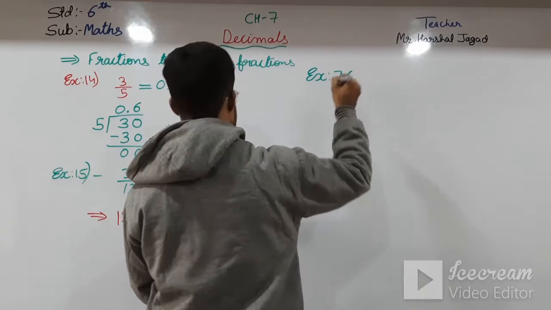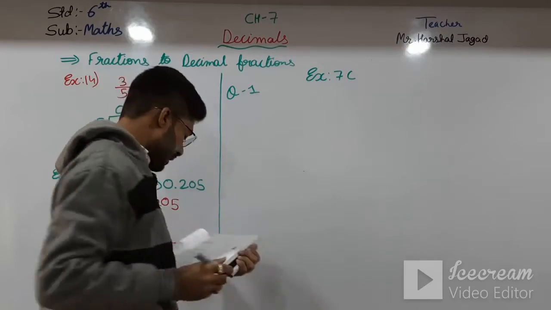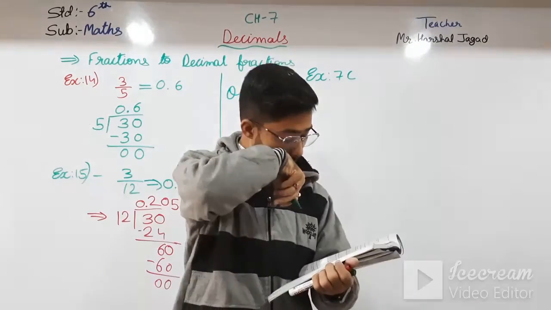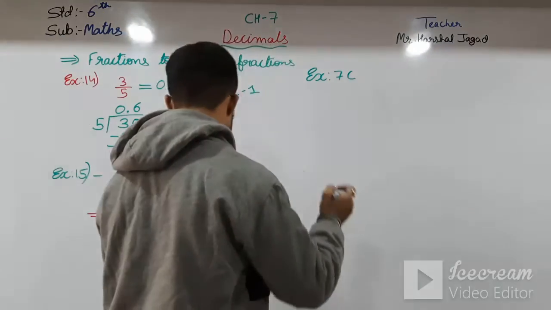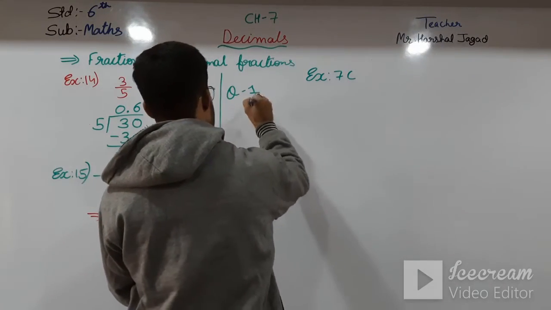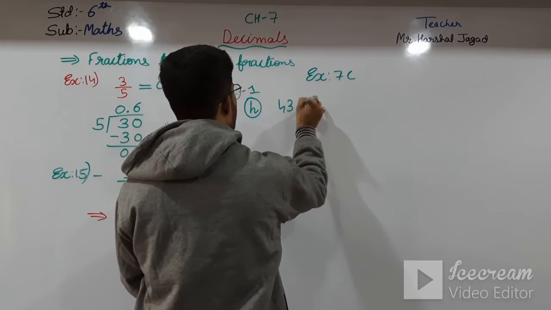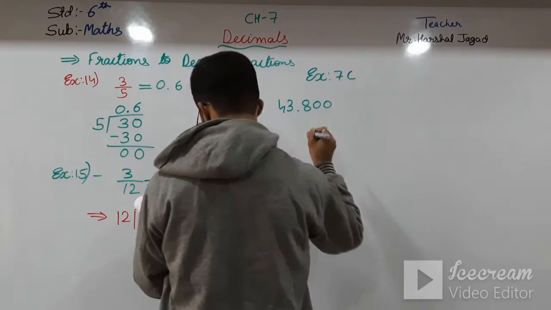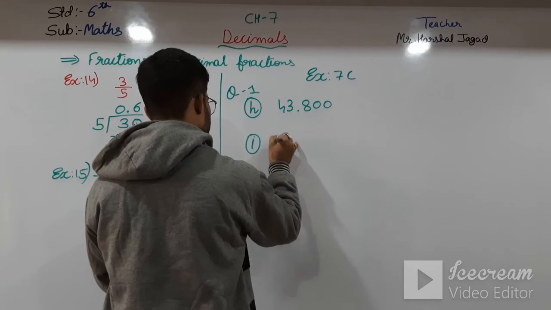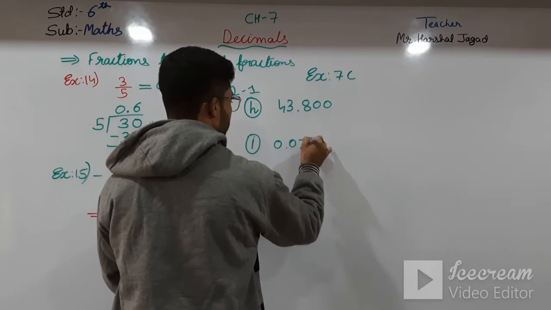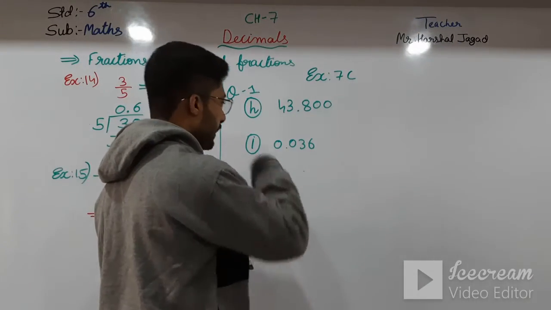In that, question number 1 is to convert the following decimals into fractions. We have to convert these into fractions. So from that I will do part H, that is 43.800, and another we will do is part I, that is 0.036. Okay, so let us do that.